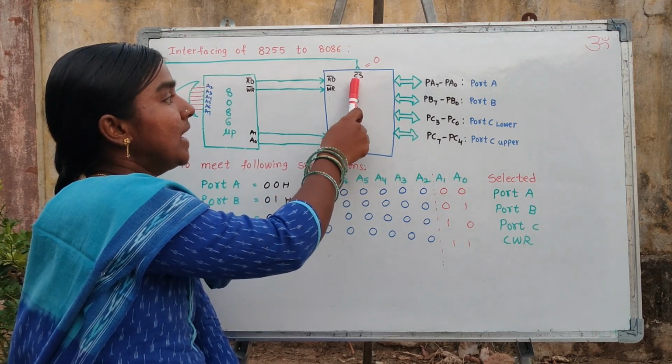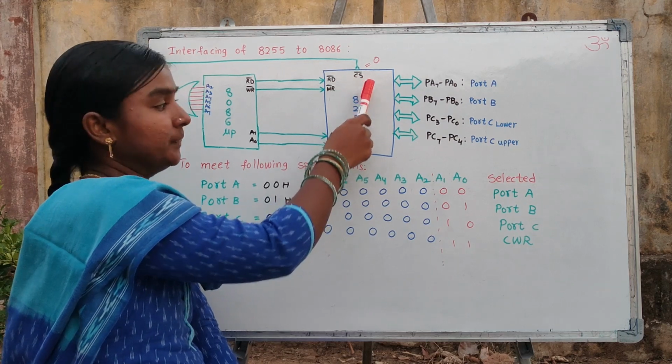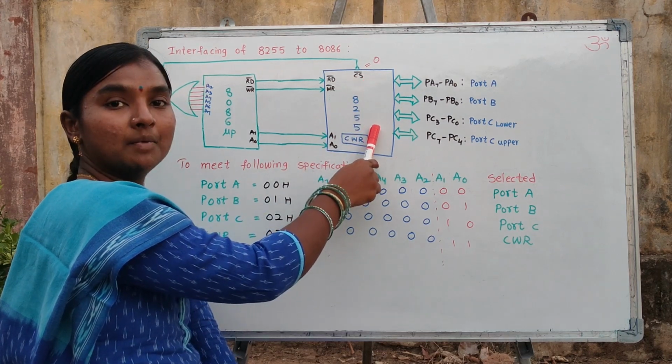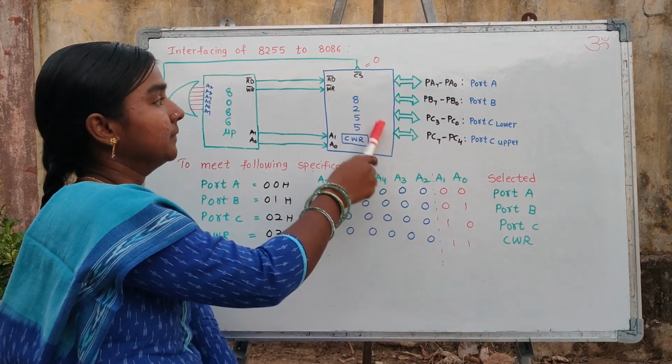When the CS active low signal equals 0, the 8255 programmable peripheral interface starts working.